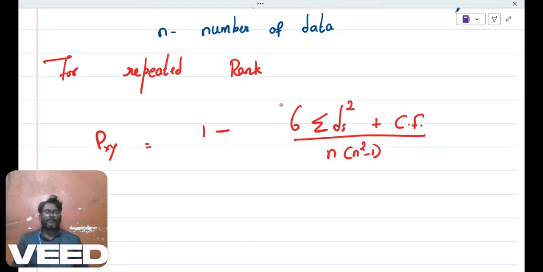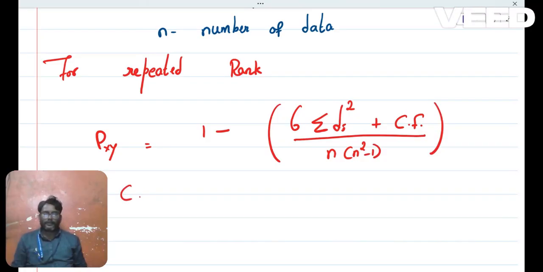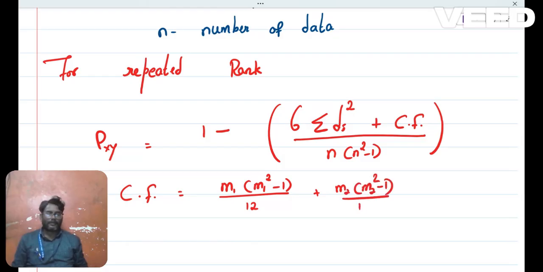Here the correction factor will be m1 into m1 square minus 1 divided by 12, plus m2 into m2 square minus 1 by 12, plus so on.